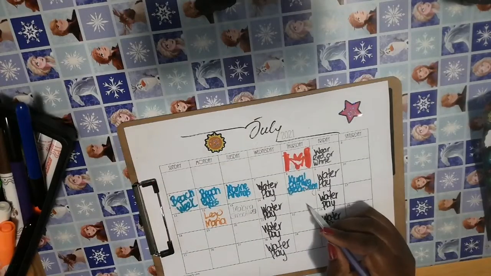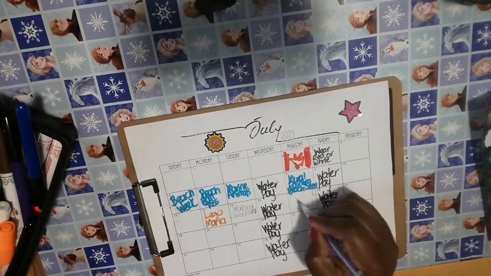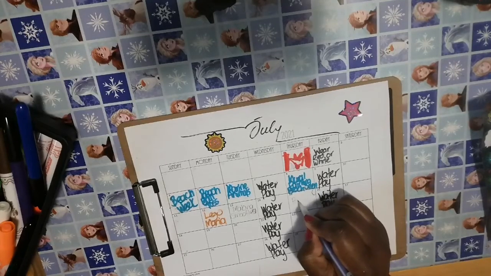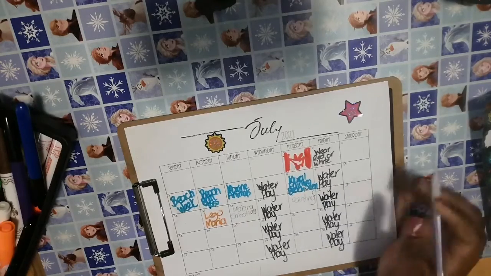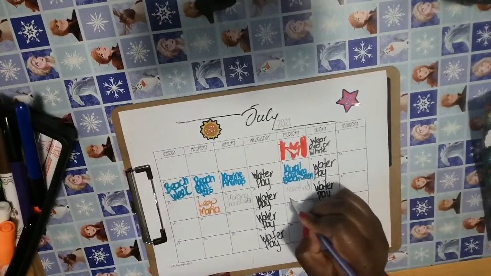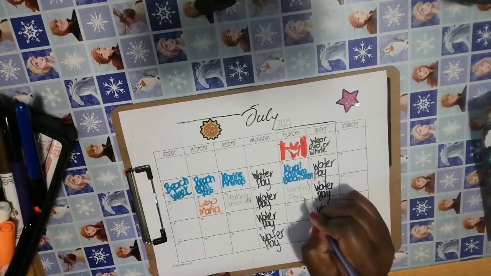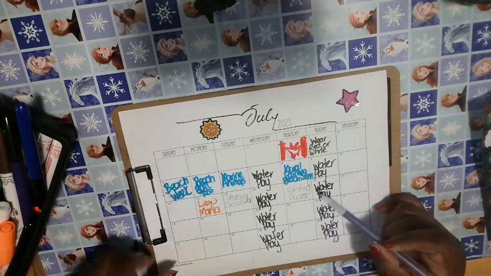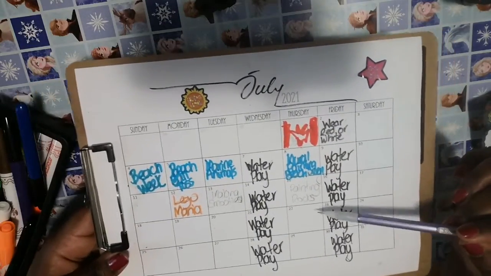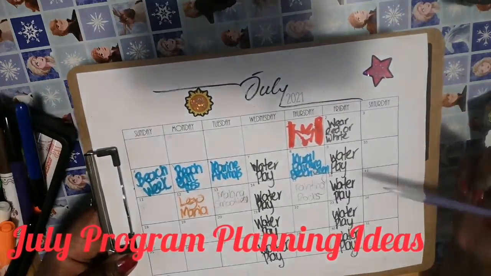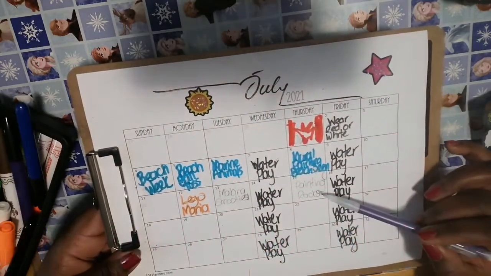Thursday, let's do some painting. So let's paint rocks on the Thursday, right? We want to make sure we're having lots and lots of activity. So I'm going to put painting rocks, right? And this is when you would get some nice size rocks in, my friends, that the children can paint.